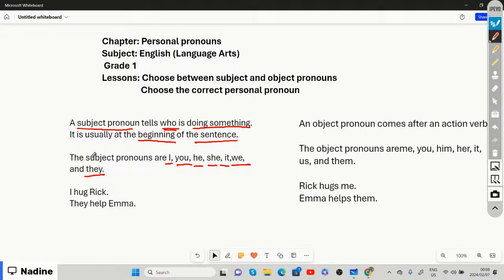Those are all subject pronouns. If we look at an example, the one example says, I hug Rick. So who is doing something? I am doing something. I hug Rick.